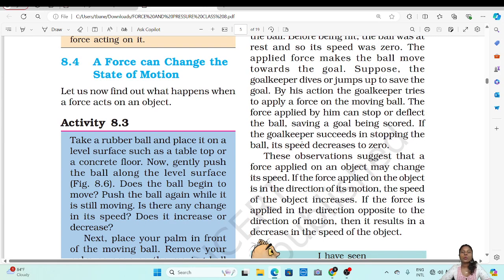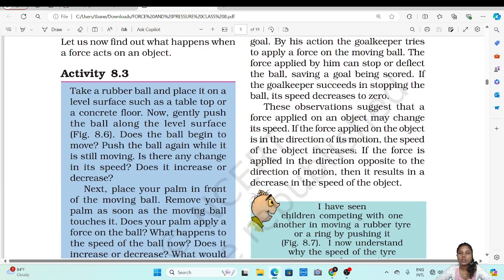Many times we have seen that sometimes the goalkeeper catches the ball right into his hand. Sometimes he just pushes the ball away. That changes the direction of the ball. The ball doesn't hit the goal, but goes somewhere out. If the goalkeeper succeeds in stopping the ball, its speed decreases to 0.